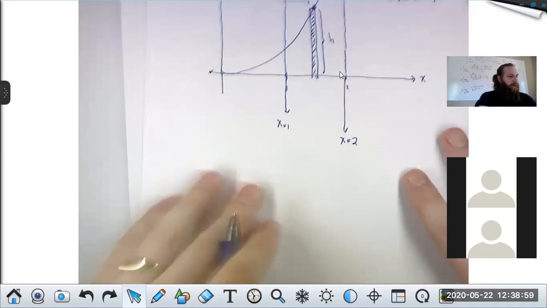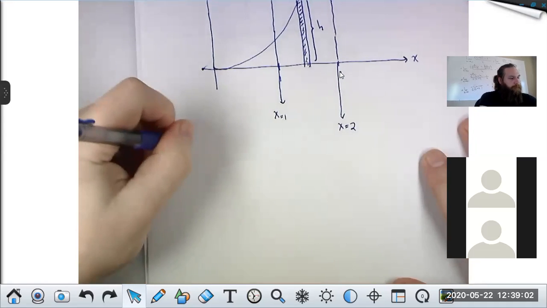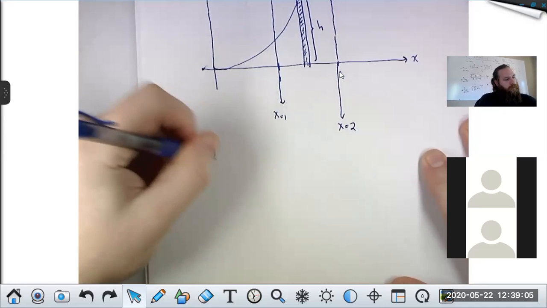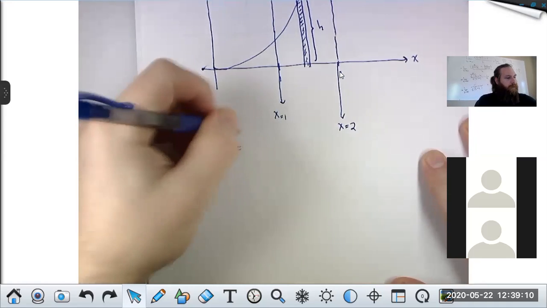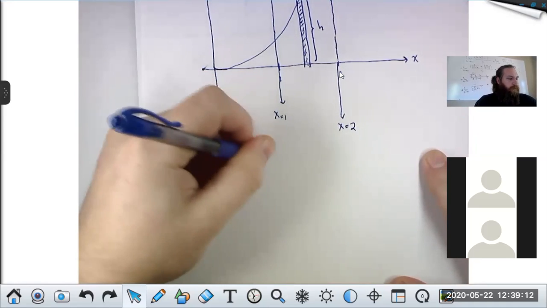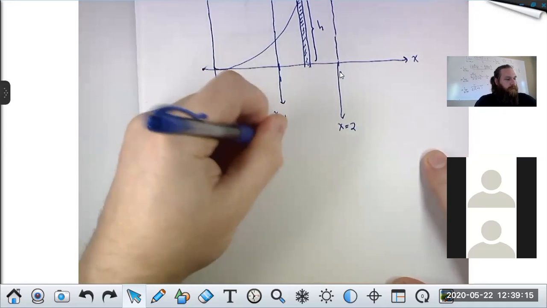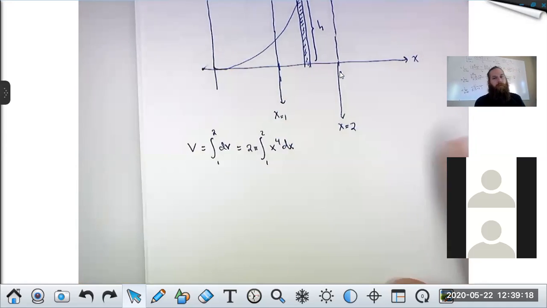And V will be the integral from 1 to 2 of dV, which is 2 pi times the integral from 1 to 2 of x to the 4 dx.